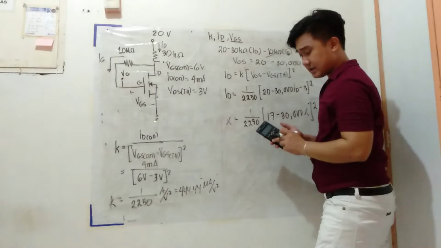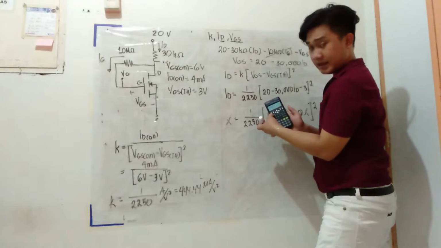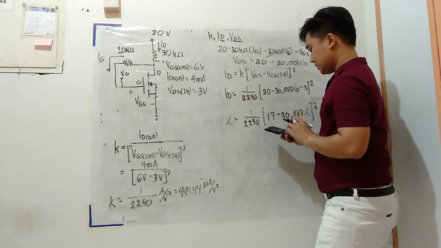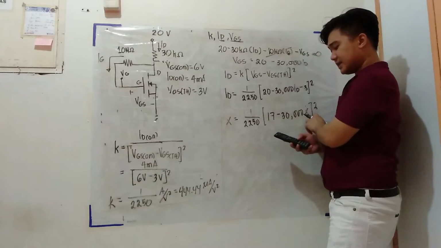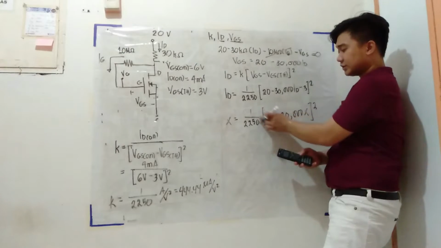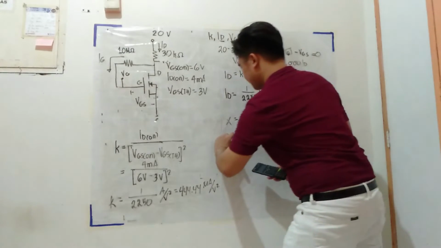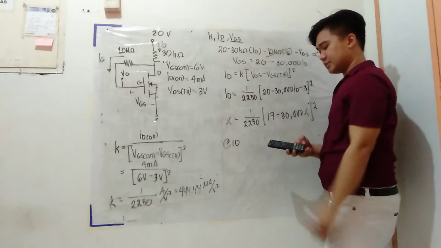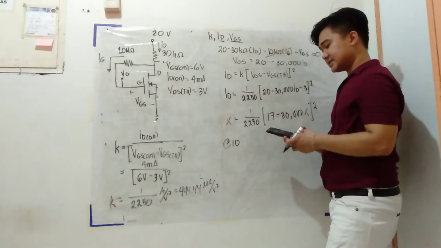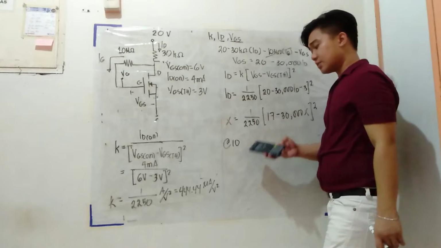Alpha equal. Yun. Alpha tapos equal. Nandito, 17 minus 30,000 X. So, kakalimutan ng X tapos naka-square tong buong ito. So, at positive 10, di ba tatanungin kayo, shift solve or shift calc, what is X? Set it to 10, press equal.